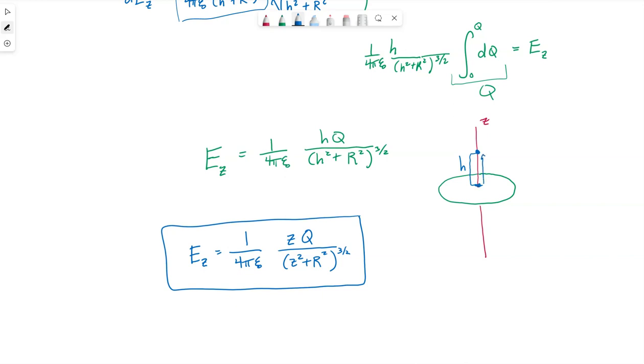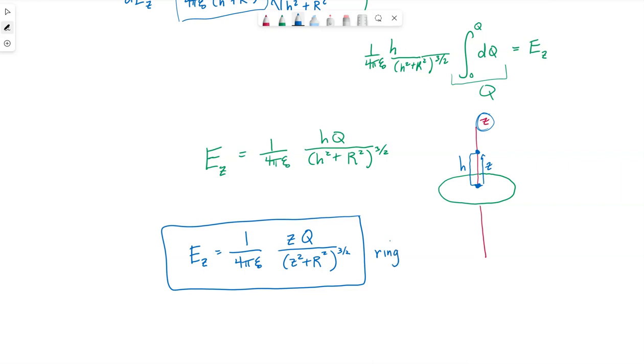If the origin is the center of the ring, then what z value? How far from the origin are we talking about? This equation only works as long as the z-axis is going through the absolute middle of this ring.